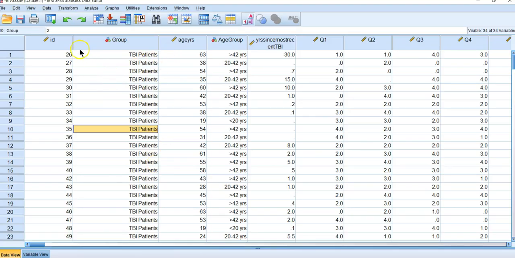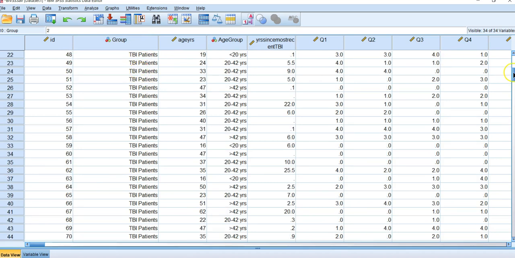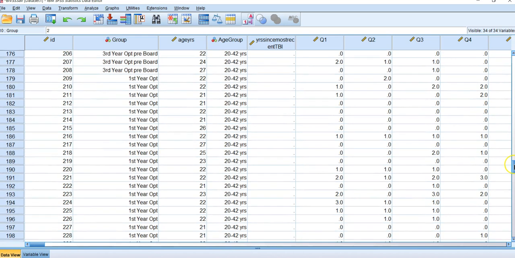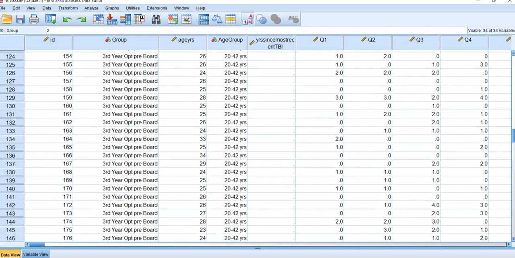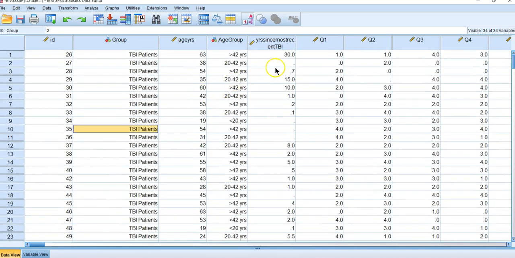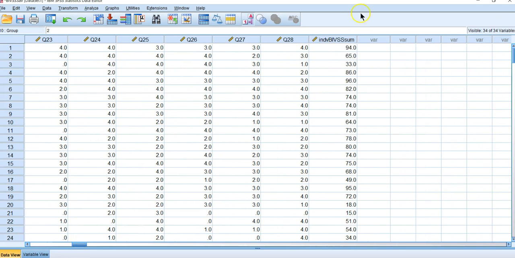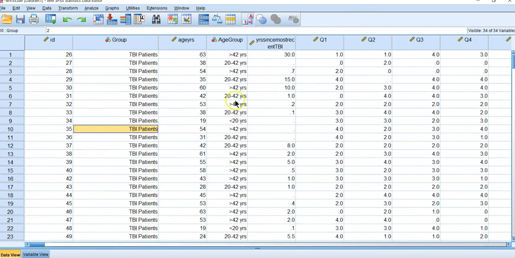So here's our data set. We have ID, the group. We either have TBI patients, third years, first years. And we have the age group, and then 28 questions. We happen to also give the total score, but we're not really going to use that.